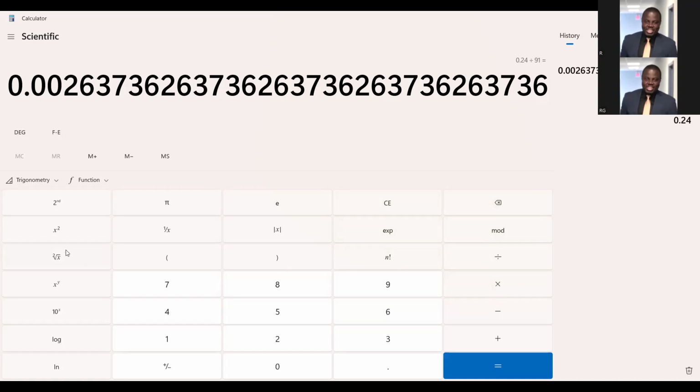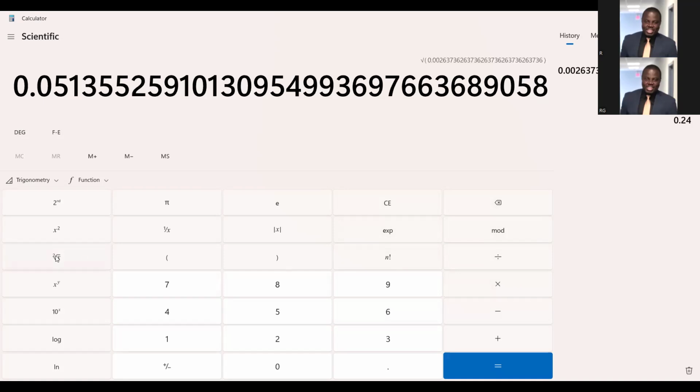That's my square root sign, so I put the square root on it. That gives me 0.05136. I'm going to keep that 0.05136.